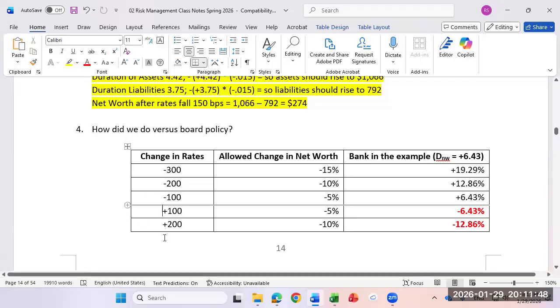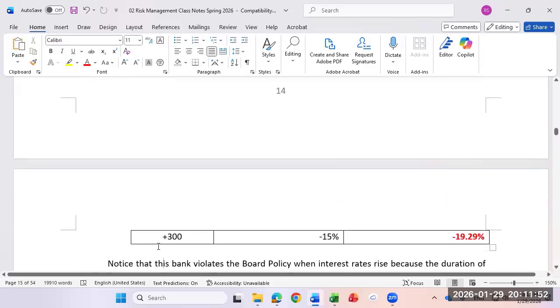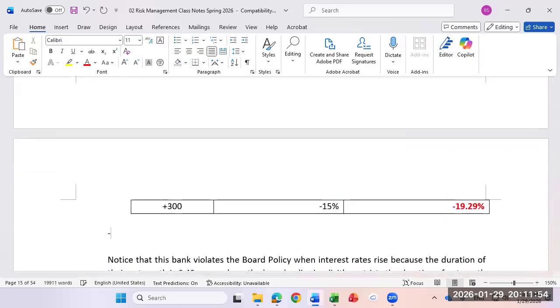Because you do minus duration, and the duration's 5, times the change in yields, 0.01. What do you get? Minus 5%. What does the board say you can lose? 5%. So as long as the duration of net worth is 5. What's the lowest the duration of net worth can be?